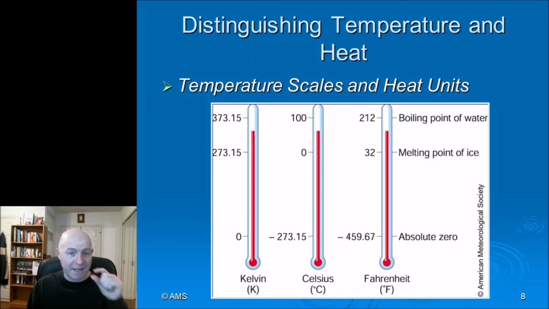In other words, to get kelvins, you just add 273.15 to Celsius. There's a different algebraic conversion to get from Celsius to Fahrenheit. Basically, you take Celsius times 1.8 and add 32, and then you get Fahrenheit. But that's easy to look up online.